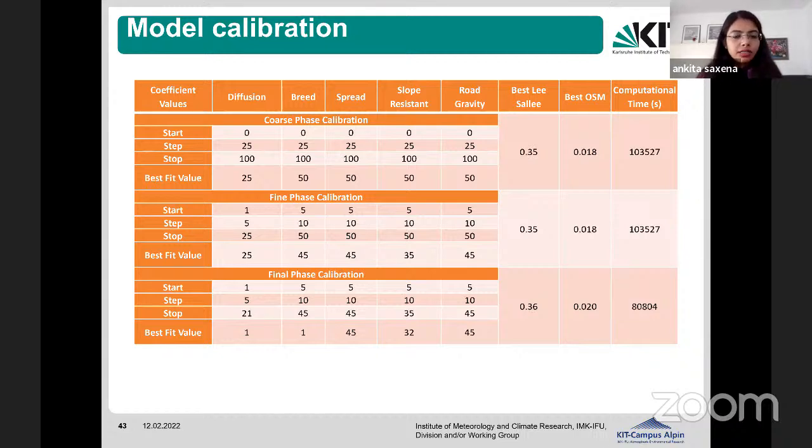So the nearer it is to one, the more accurate it is, but it's very difficult to get such a good number. Even more than 0.3 is considered better for urbanization. And best OSM is a combination group of different metrics. So these are the criteria for evaluating the growth coefficients.